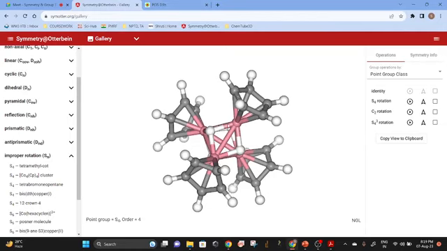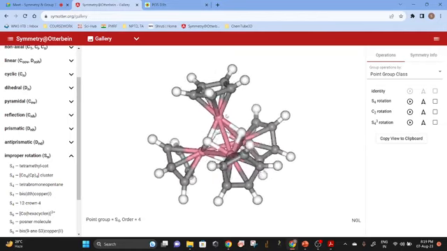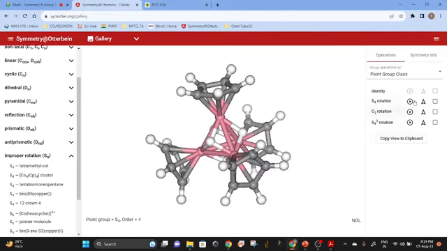Okay. Now S4 we have to check. Okay, it has C2, S4 only. Where is C2?